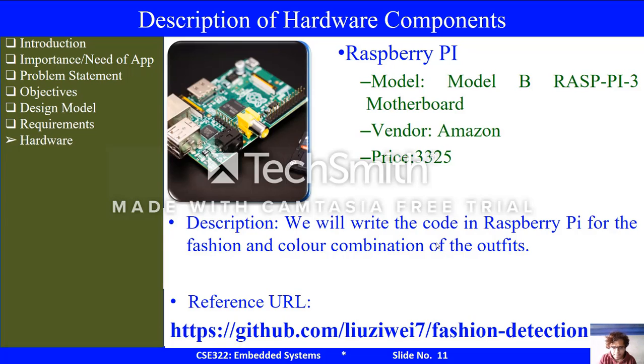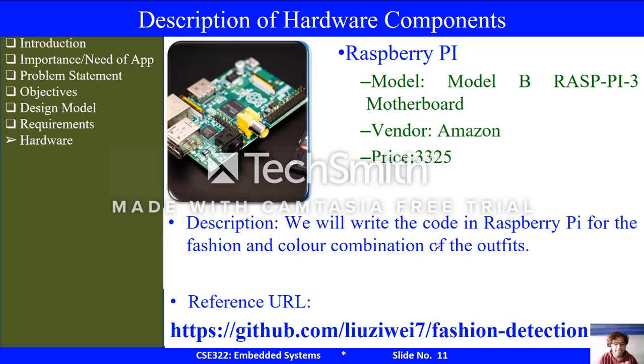We'll be writing a code, and after the edge detection method, once it realizes what is the background and what is in the foreground, we've used deep learning. The system will go through your clothes and learn again and again.